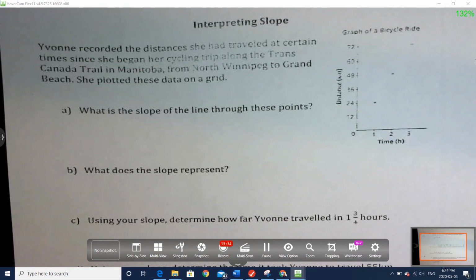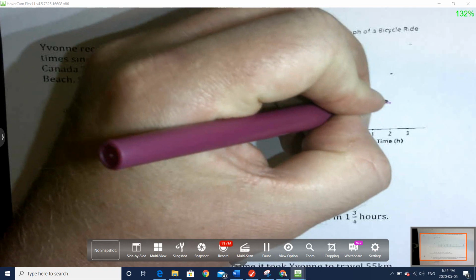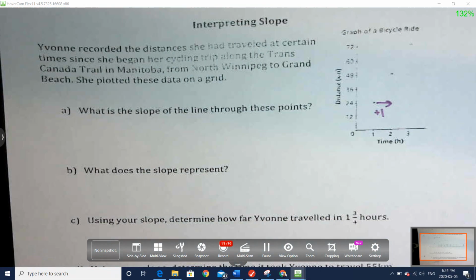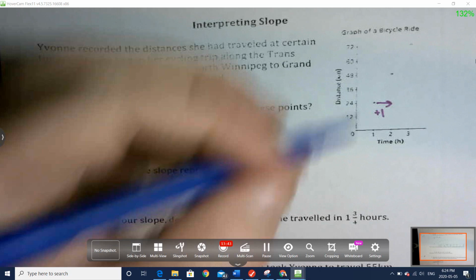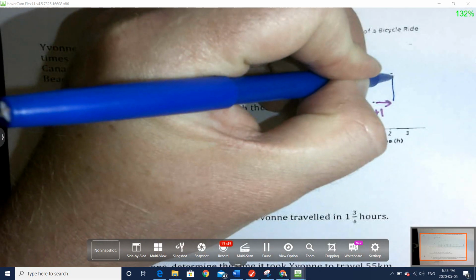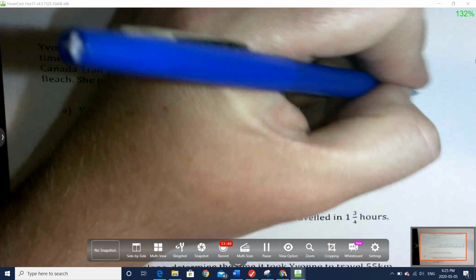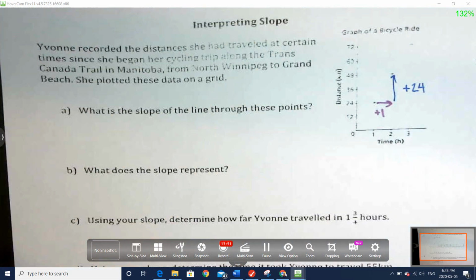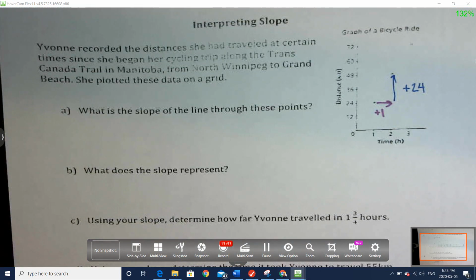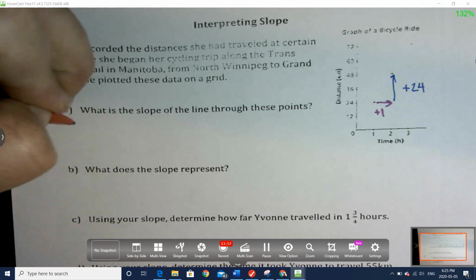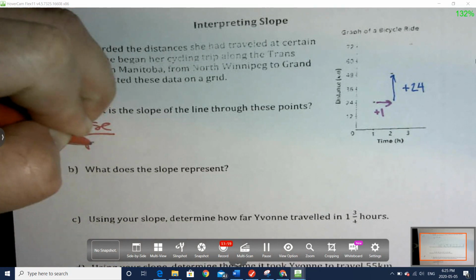So I noticed that for every increase of +1 hour, the distance went up from 24 to 48. So that's an increase of 24. So the slope is given as the equation rise over run.